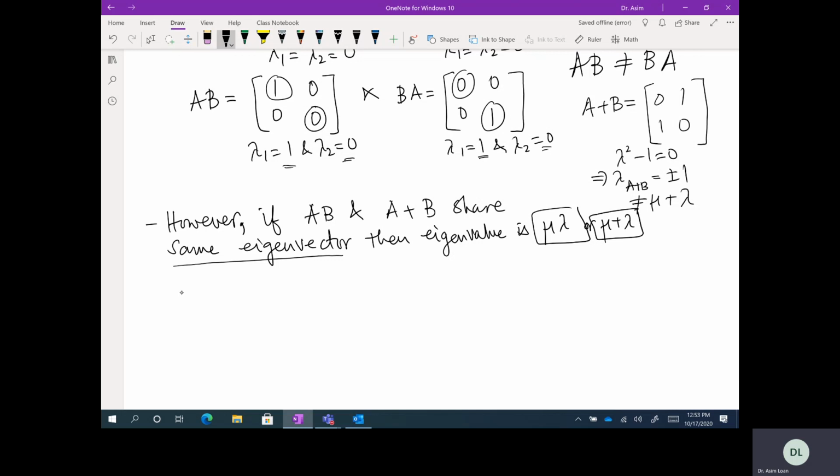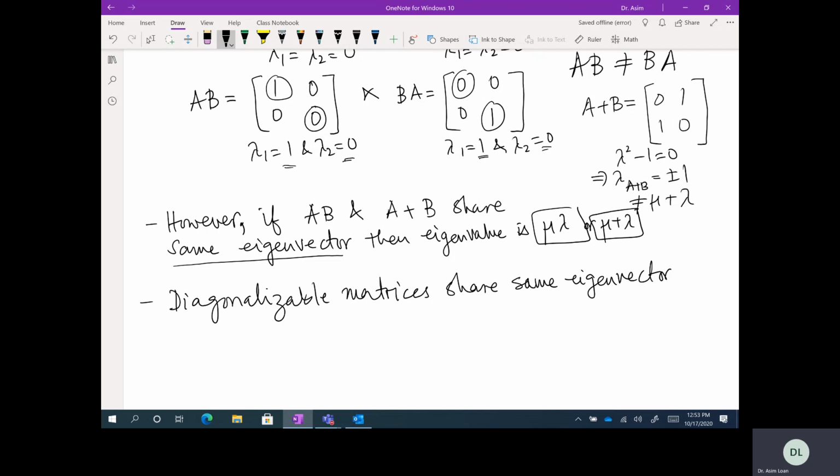So we have another fact: diagonalizable matrices share the same eigenvector matrix S if and only if they commute.